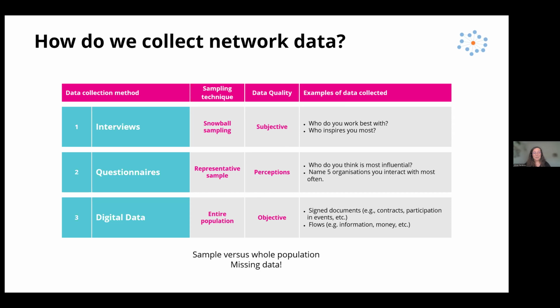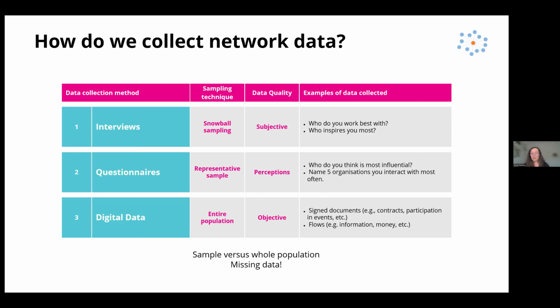And then finally, one of my favorites is using digital data, because you are able to do entire populations, because you are able to look for objective data. But obviously, these are not necessarily the best type of data for different research questions. So depending on what you're aiming for, objective data could be very, very handy.